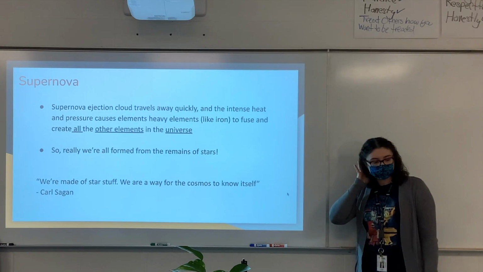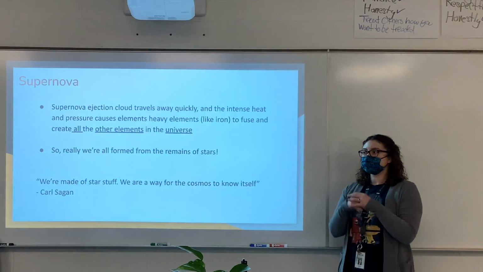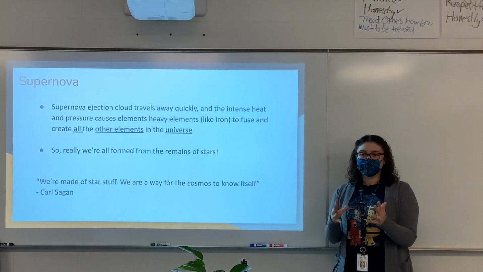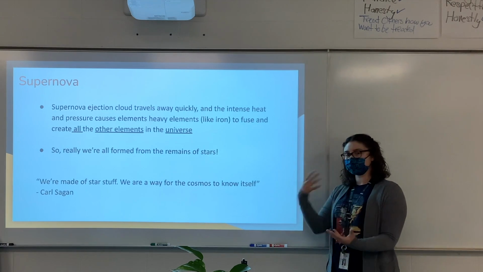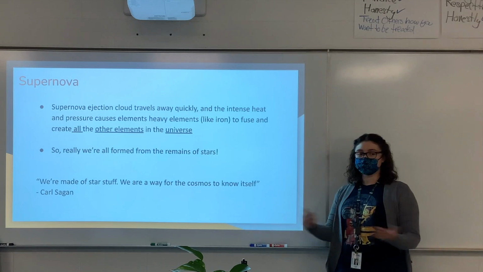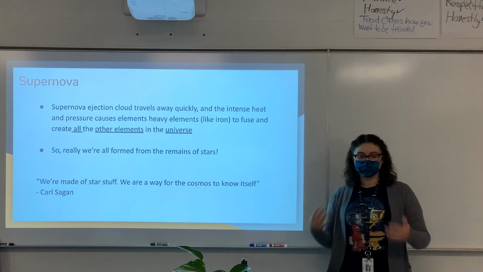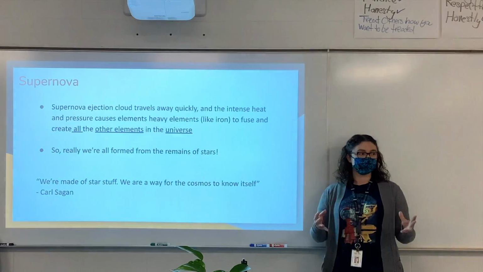Now, we talked about how during the explosion itself, the star gets really, really hot. And so the atoms, including carbon, start fusing again, and they can fuse all the way up to iron. All the heavier elements beyond iron in the universe are formed essentially by the shock wave of the supernova.